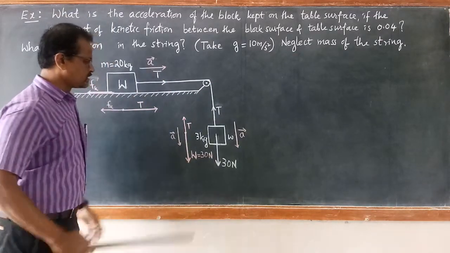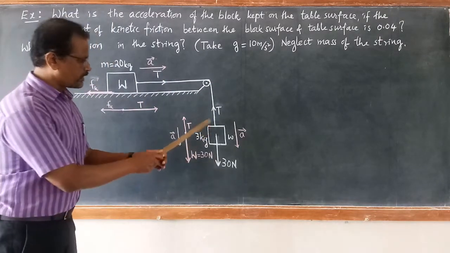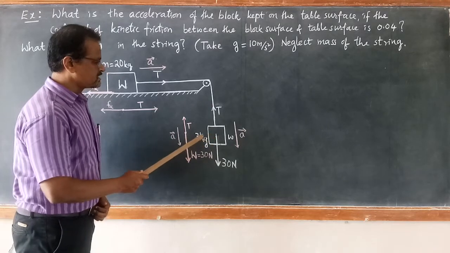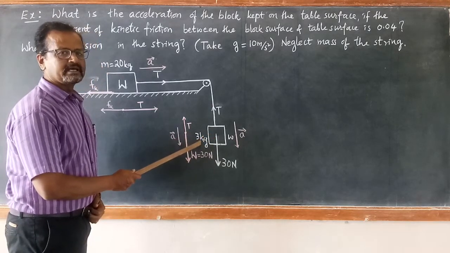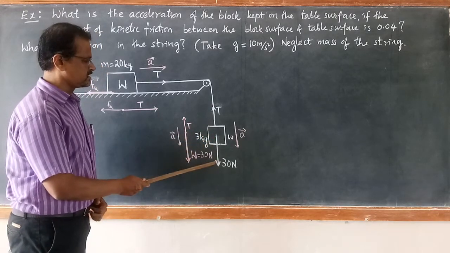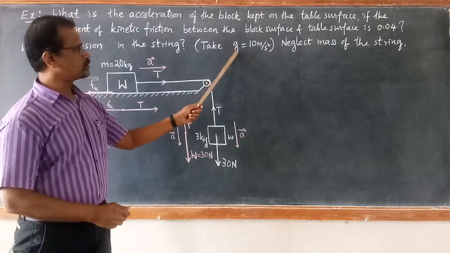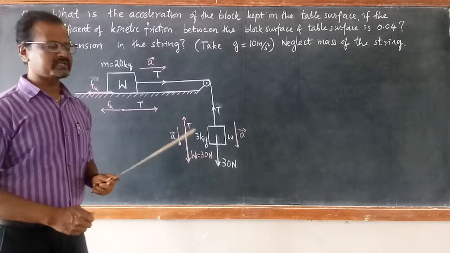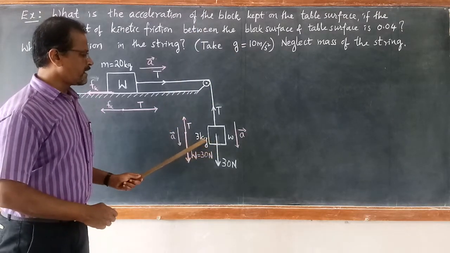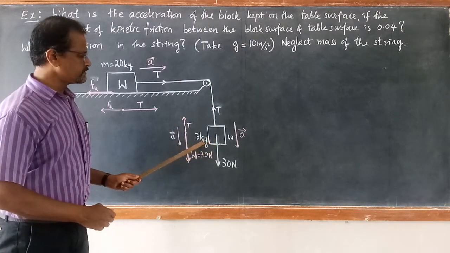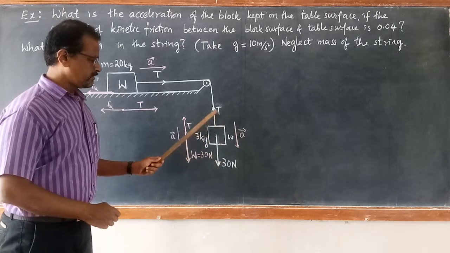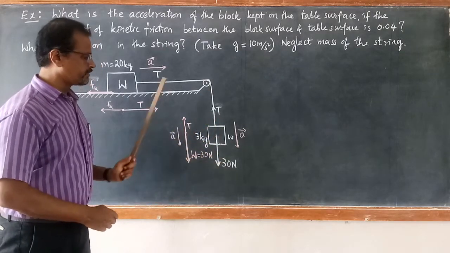Second thing is, when this load is pulling down, the weight of this 3 kg load is 30 Newton. We are asked to take g equal to 10 meter per second square. So m into g gives us 30 Newton of weight acting vertically downwards.